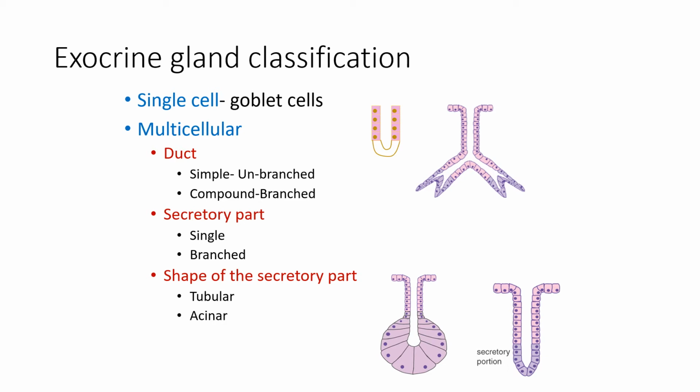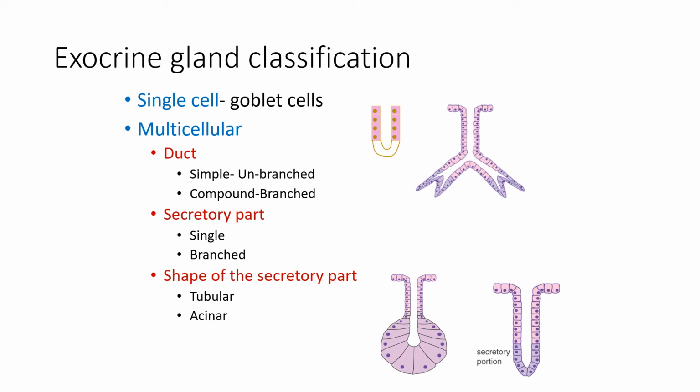On the luminal apical surface of these cells you have a large vesicle of mucus, and we call it a goblet cell, and you will be able to see them as single cell glands in respiratory epithelium and also lining the gut. Then coming on to multicellular exocrine glands, which have the most complex classification.